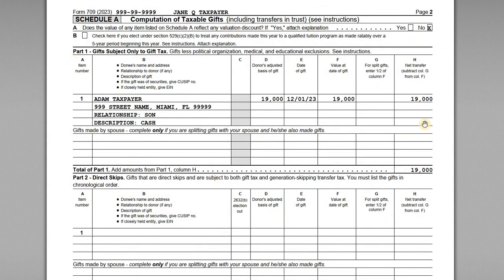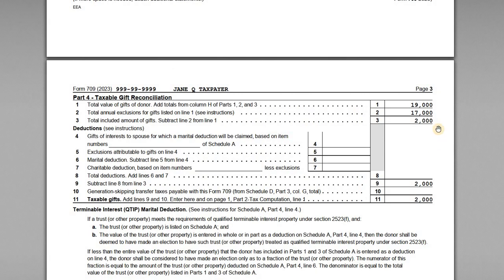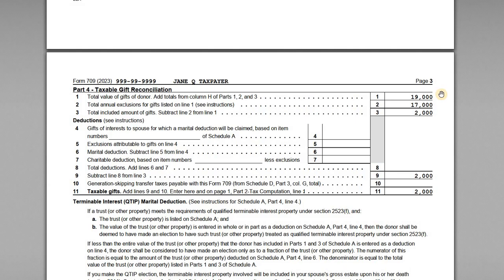So we just have Part 1, column H. We have the $19,000 figure for the gift to Adam. So on line 1, in Part 4, we have $19,000. On line 2, we report the total annual exclusions for each of the gifts, right? In this case, we have just one gift to one donee, and so the gift tax exclusion for the 2023 year is $17,000.